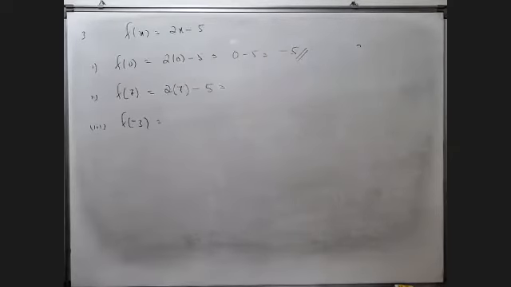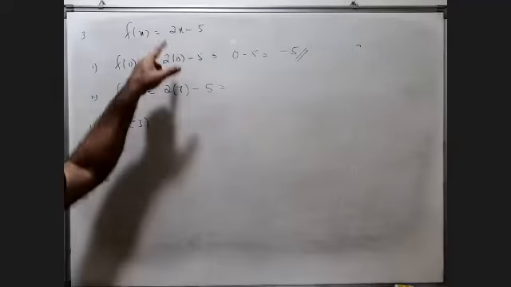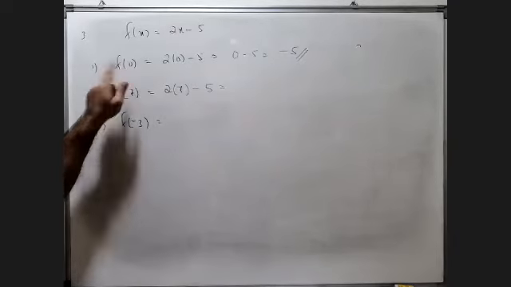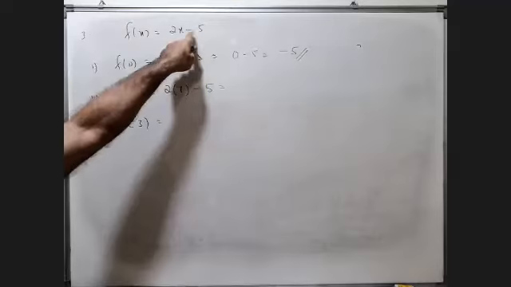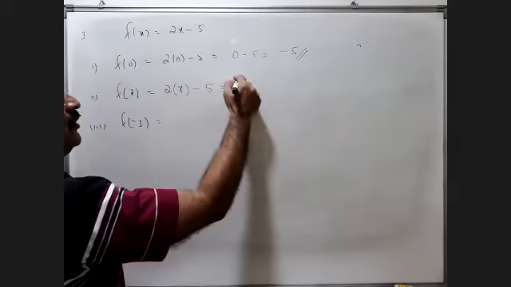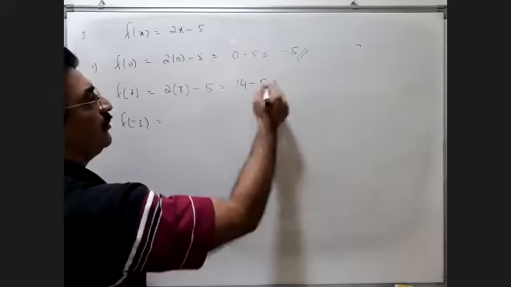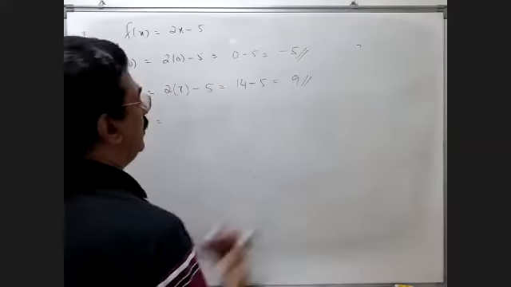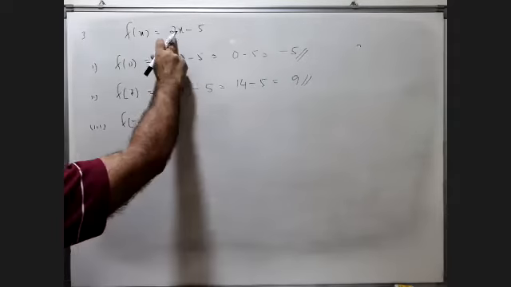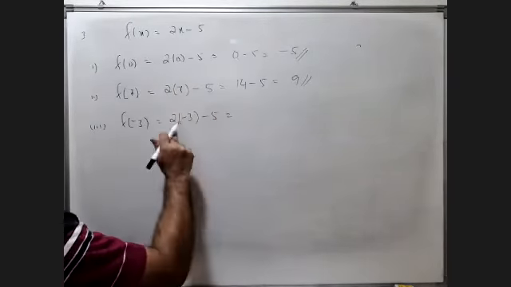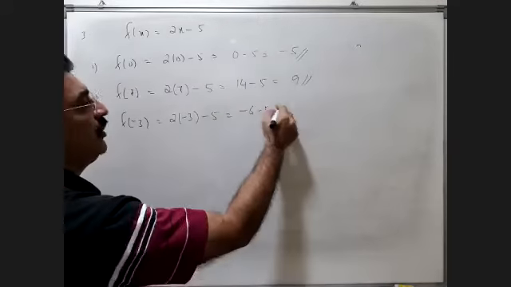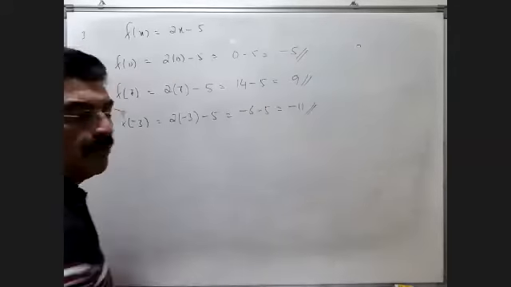Wherever x is there, in place of x, we replace the given number. 2 into 7 is 14, minus 5 is 9. f of minus 3 is 2 into minus 3 minus 5. 2 into minus 3 is minus 6, minus 5 is minus 11.